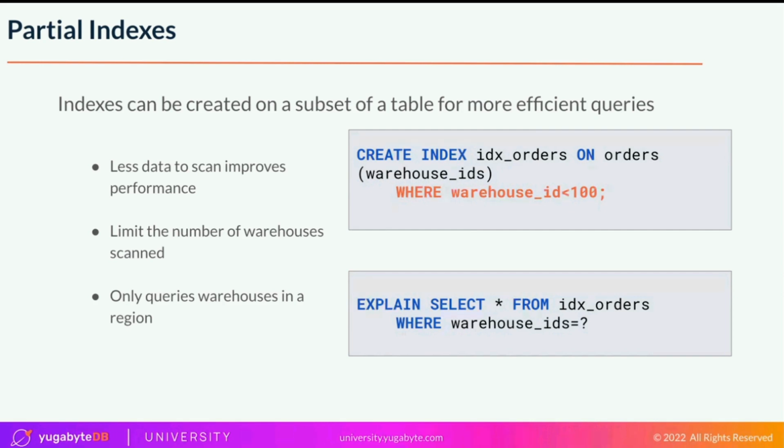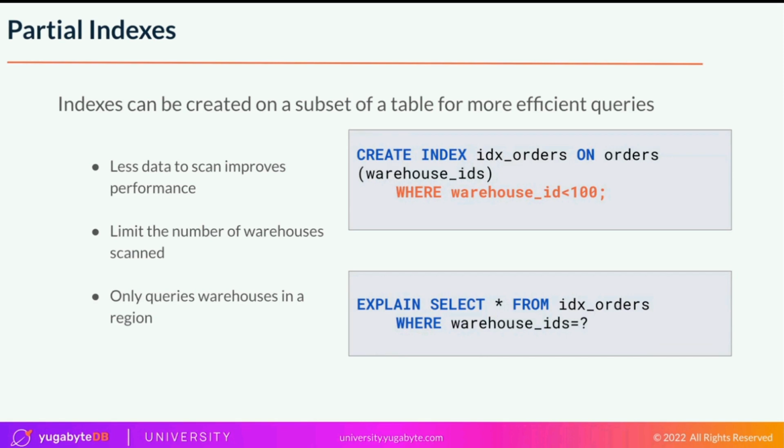So here we're just limiting which warehouses will be added to the index. Maybe you're doing this because there's only a certain number of warehouses located in your region, so you want to keep that scan for products in your warehouse to be localized.